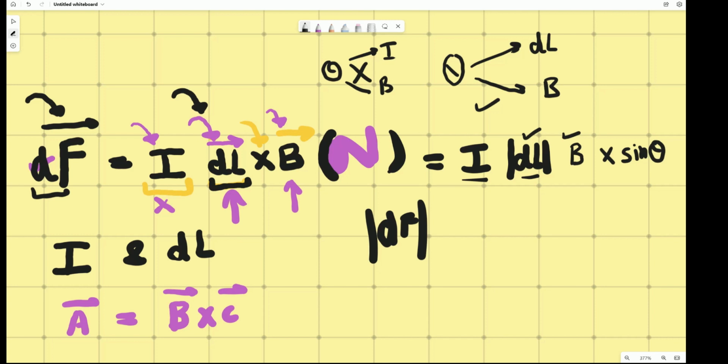This is the correct one. So I will just rewrite it. What does it look like? We remember it as B I dl, right?